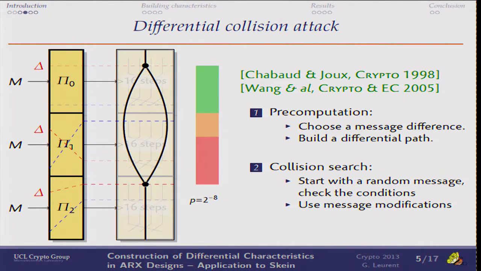Then you want the last message difference to cancel the state difference, and then you get a zero difference again. And this is how you get a collision. You start from a zero difference, you end with a zero difference, and you get something a bit messy in the middle. So this is actually the most important part of the attack, finding those very specific differences. Finding actual message pairs is usually relatively easy because we have lots of degrees of freedom in a hash function attack.